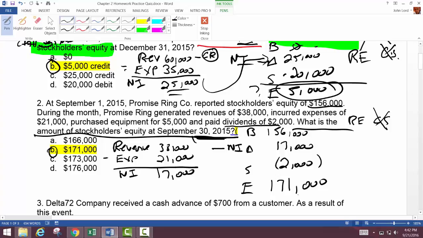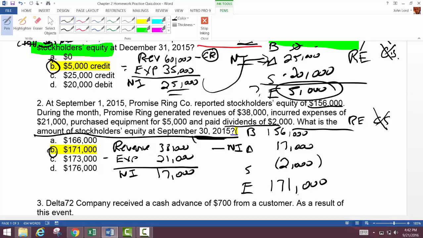Okay. What about the purchase of the equipment? The equipment is no impact on my retained earnings, right? Okay, if I purchase that for cash, and remember, if you looked at that Connect exercise I was showing you, there are sometimes where a transaction affects entirely the balance sheet. One asset, cash, goes down. Another asset, equipment, goes up. It has no impact on retained earnings at all, right?